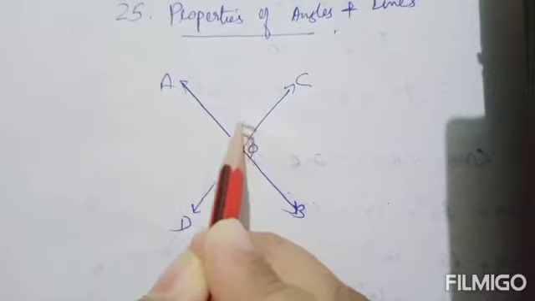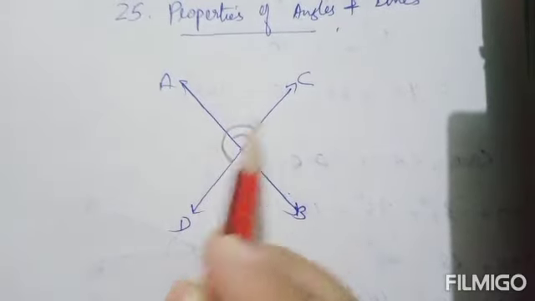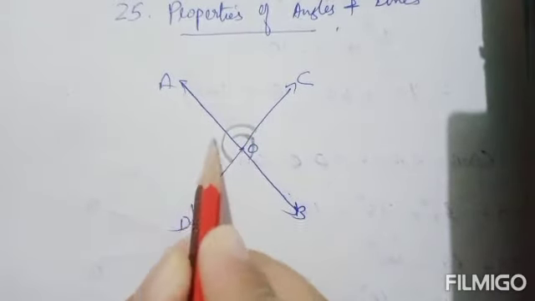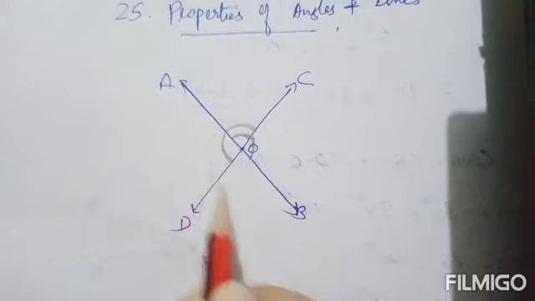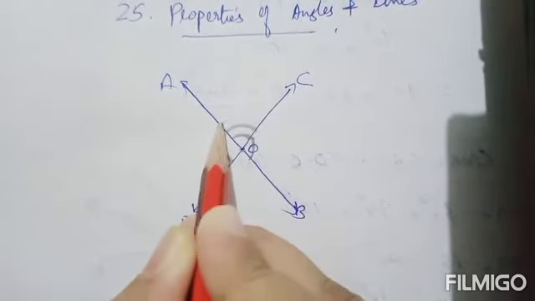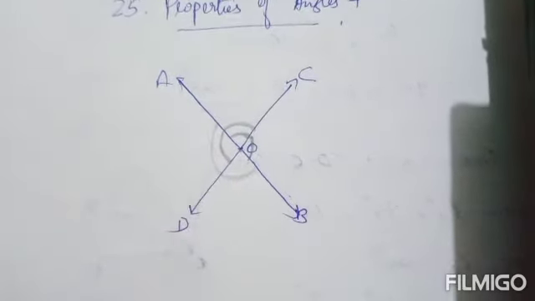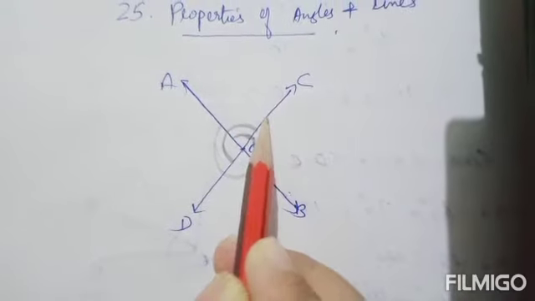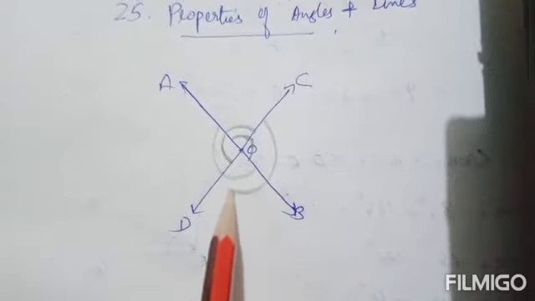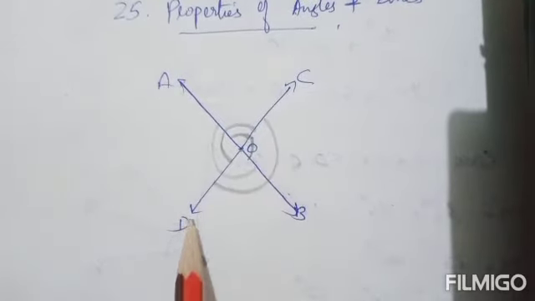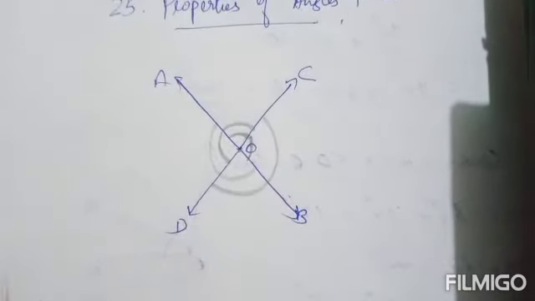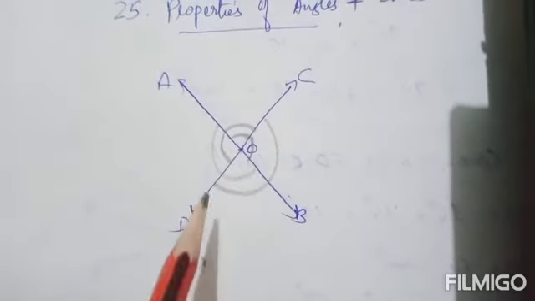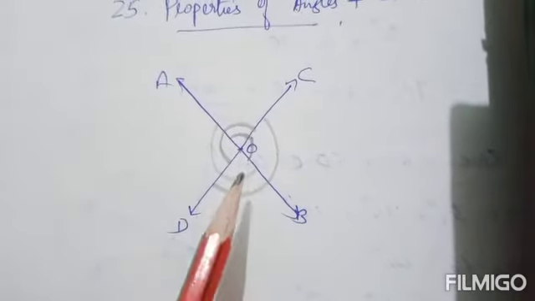The second pair is angle AOC and angle AOD. Third pair is angle AOD and angle BOD. Then one more pair is angle BOC and angle BOD. So four pairs of adjacent angles you can see here.